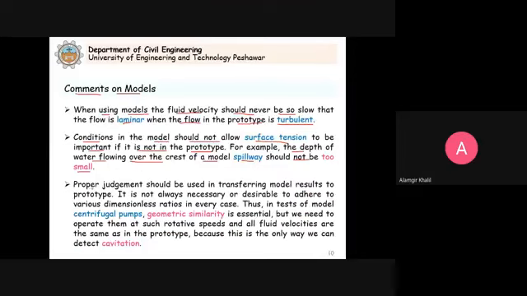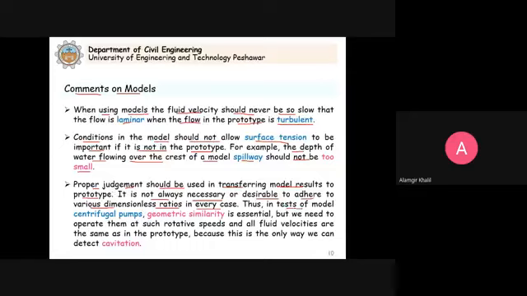Now, what we say is that proper judgment should be used in transferring the model results to the prototype. I will give you one more example on this. There can be one or two more examples. You study your textbook. It is not always necessary or desirable to adhere to various dimensionless ratios in every case.